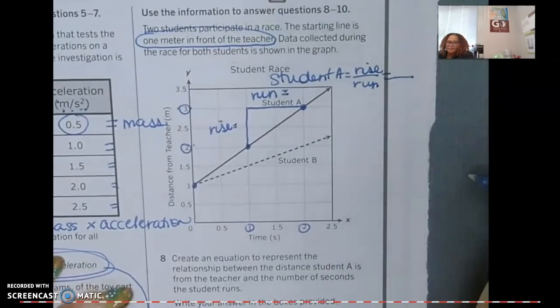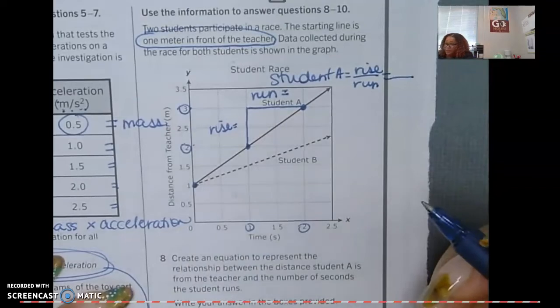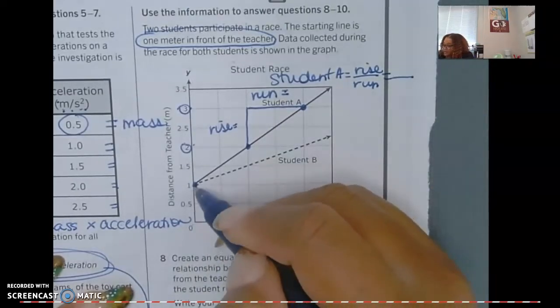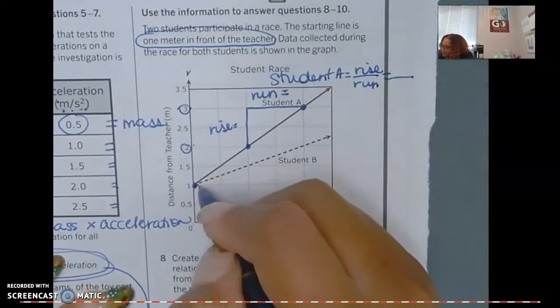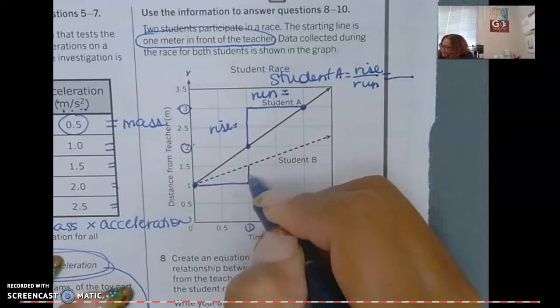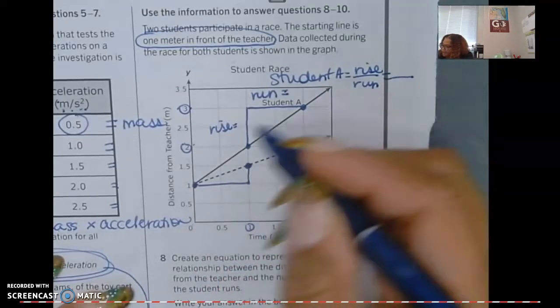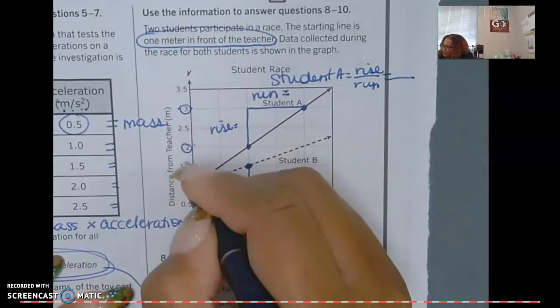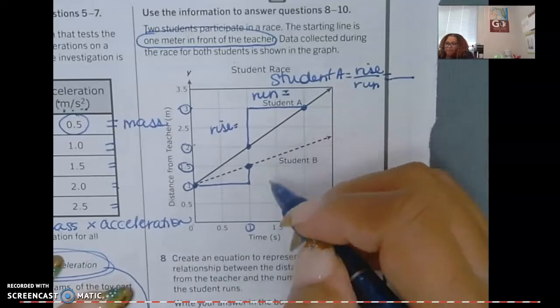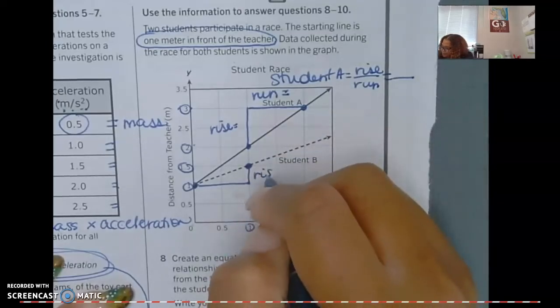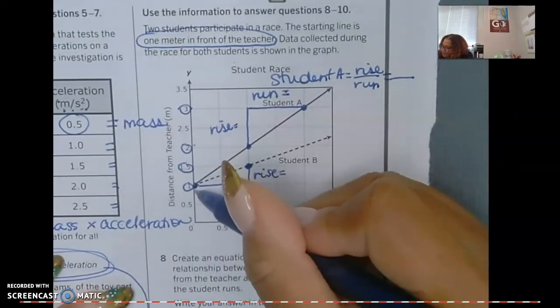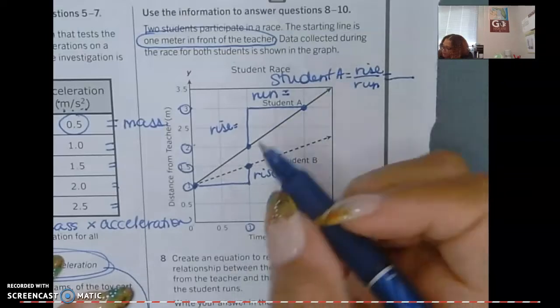Student B, I'm going to use this friendly point here, starting at 0 and 1, and then I'm running and rising to this point right here. You start at $1 and you have $1.50 tomorrow. How much did you rise by? You start at 0 and you end up at 1.